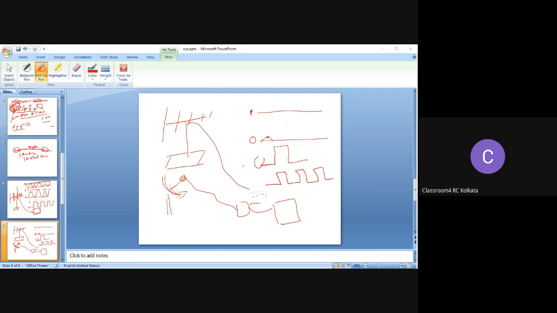An analog signal is a sine wave. Next point, a digital signal is either 0 or 1. An analog signal is continuous, any value between 0 and 1.